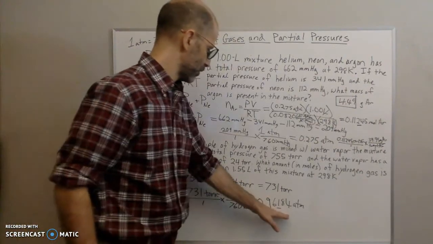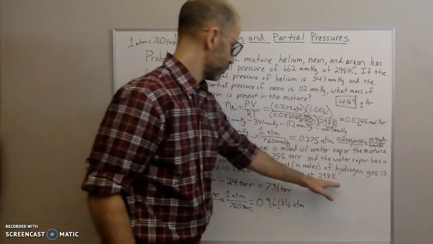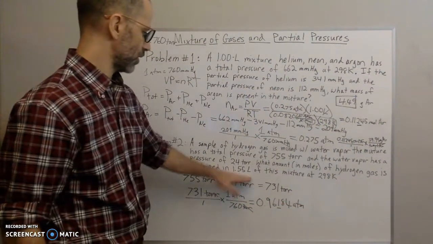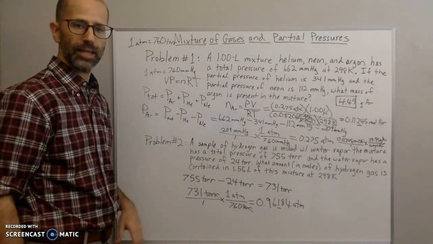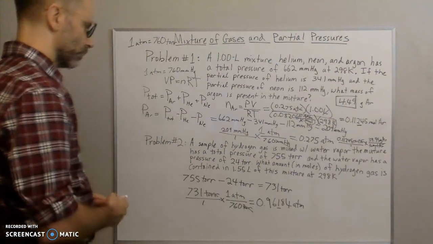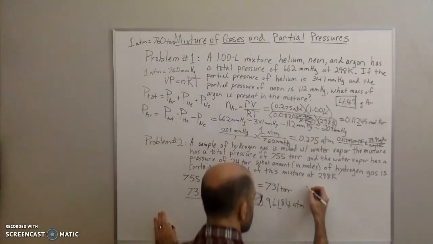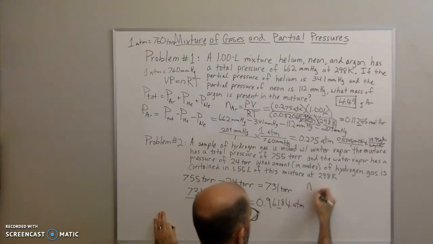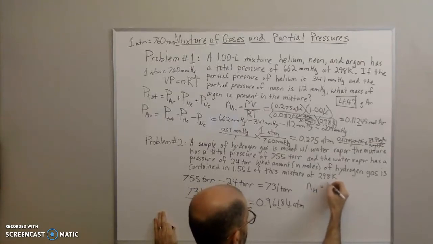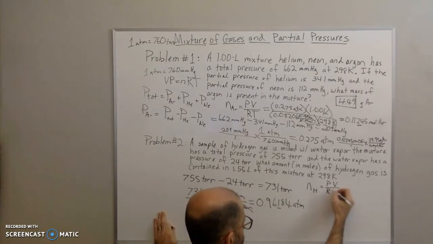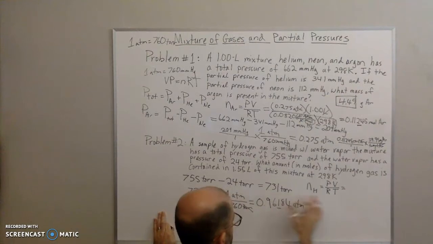So now that I have the pressure in atmospheres, I have temperature in Kelvin, and I have volume in liters. So now I can solve the ideal gas law for moles. Okay, so that means moles of hydrogen is equal to the pressure times the volume divided by R, the ideal gas law constant, and T. Okay, so now I just plug in the values I have.